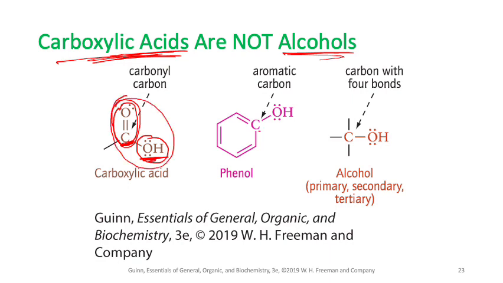But if you see a carbon attached to a hydroxyl group and that carbon doesn't have any carbonyl group, that means this is an alcoholic group. This is not a carboxylic acid group. Again, a carbon attached to an OH that doesn't have any carbonyl group means that is an alcohol. So remember this: always ask yourself whether the carbon has a carbonyl group and an OH group attached to it.